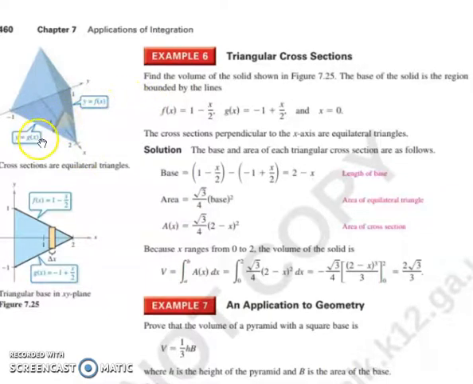I've got an f of x and a g of x. So find the volume of the solid shown. The base of the solid is the region bounded by the line. So here's f, here's g, x-axis. X equals 0 is the starting point. The key to this problem is the cross sections perpendicular to the x-axis are what? Equilateral triangles. So we'll solve it, and then you can see how they solved it and compare the two.